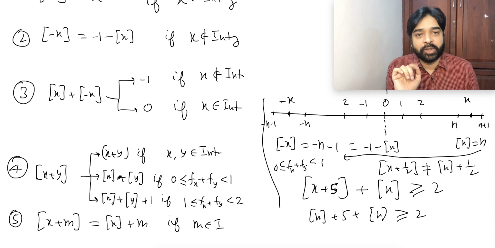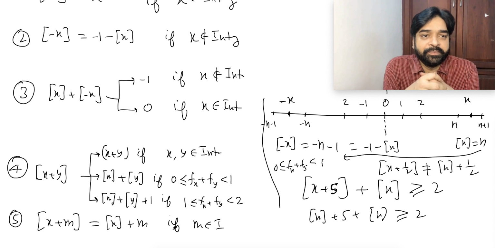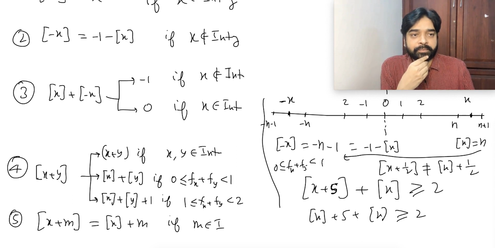So for greatest integer of x plus 5, we can write greatest integer of x plus greatest integer of 5, and greatest integer of 5 will be 5. That's why this holds. Have you understood the point? Is it clear to everybody?